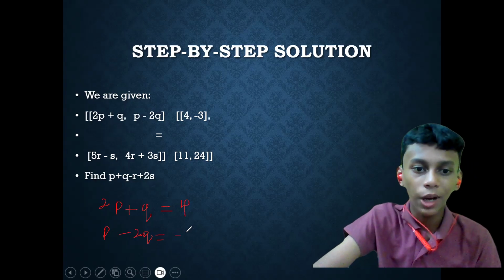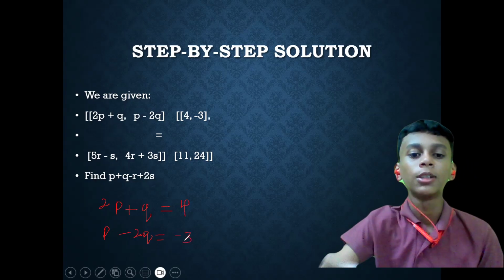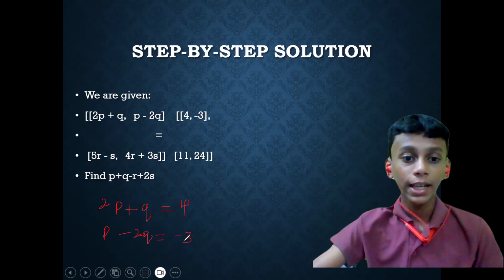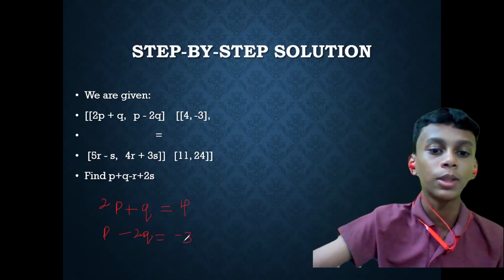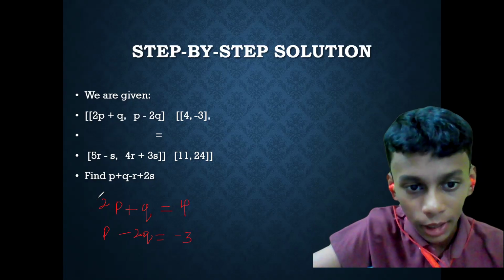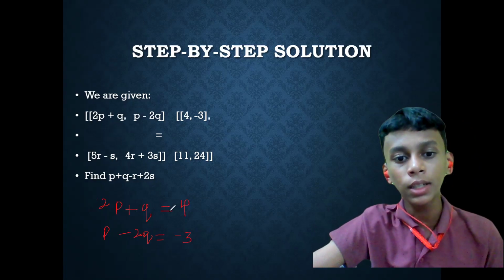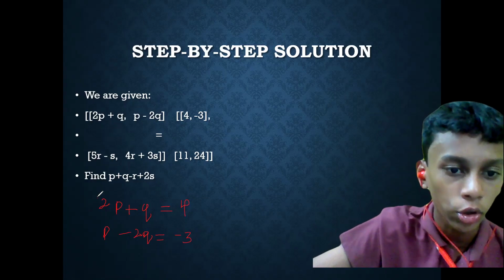Now we will be finding the value of p. Here we will be using the elimination method, where I taught you if we have two or more variables, we can just make one variable equal to another in two equations. So I will show you.